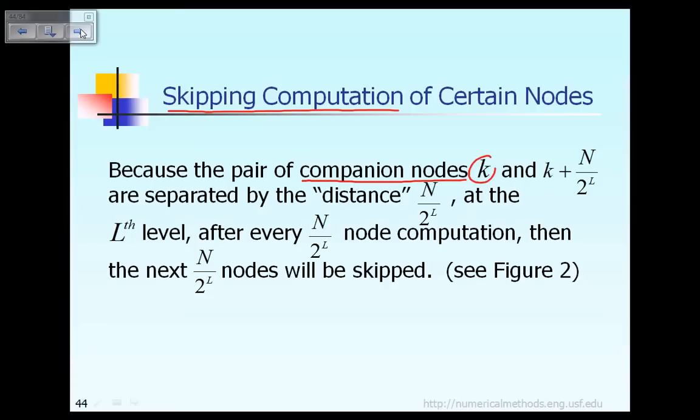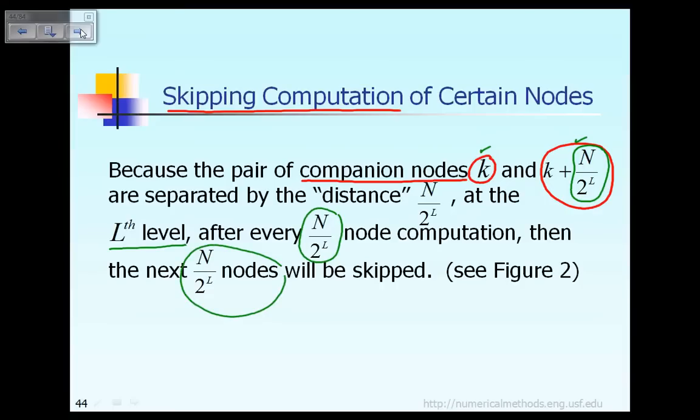If you're talking about node K, then the companion node of node K should be node K plus N divided by 2 raised to the power L. The reason is that node K and the companion node differ by the distance N divided by 2 to the power L. So the idea is that at the Lth level vector, after the computation of every N divided by 2 to the power L nodes, the next N over 2 to the power L node computations will be skipped.